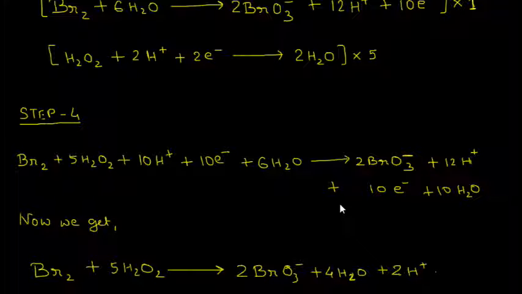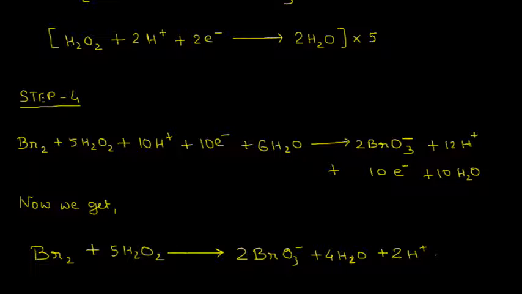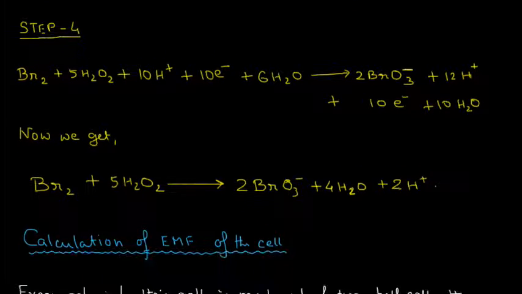Upon solving, we get Br2 plus 5H2O2 gives 2 BrO3 minus plus 4H2O plus 2H plus. And this is the 4-step solution for balancing the equation by electron ion method or electron ionic method.